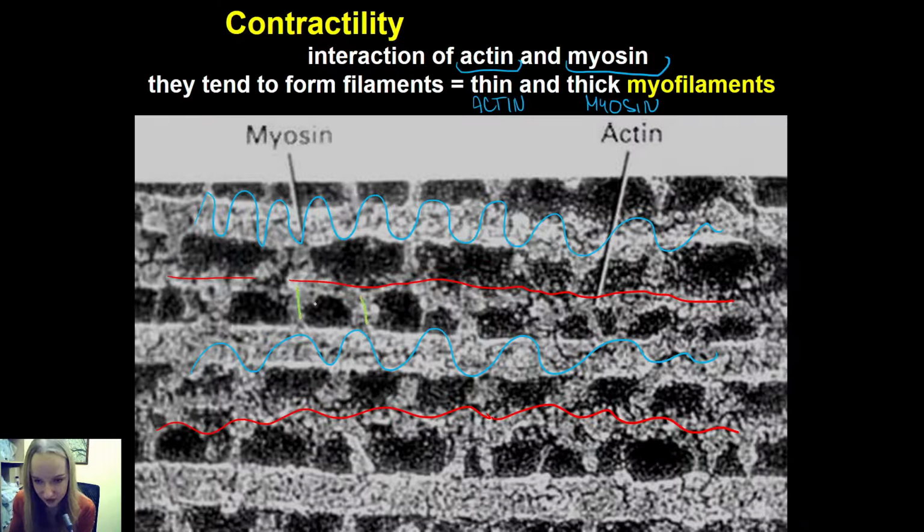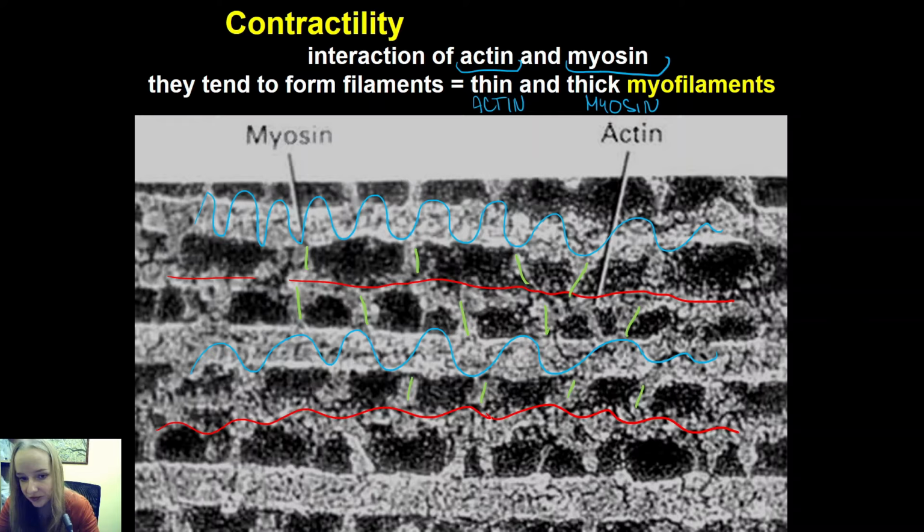You can see these bridges. These bridges are made of mostly myosin heads, because myosin heads are those that are connecting to the actin. So these bridges are made of myosin heads. So really myosin heads are attached to the actin and they are moving towards actin. So contractility is just a temporary interaction between actin and myosin.